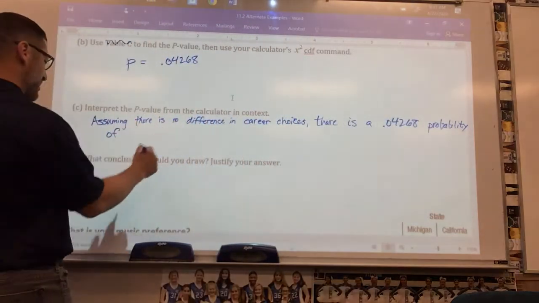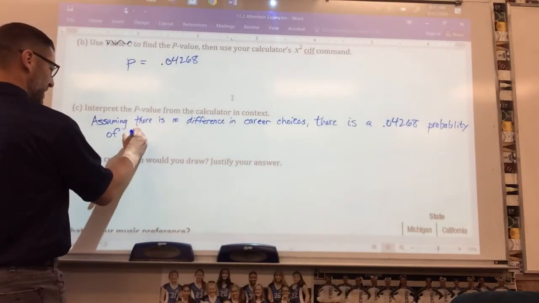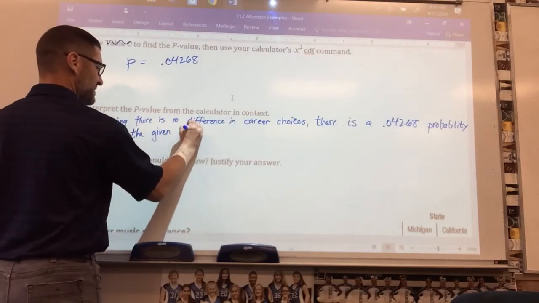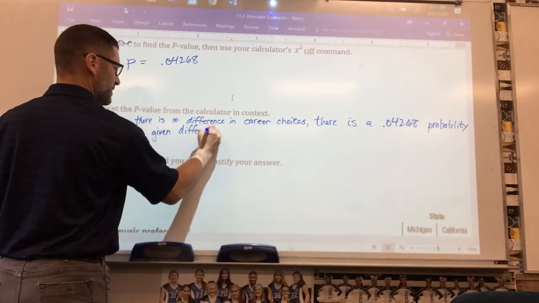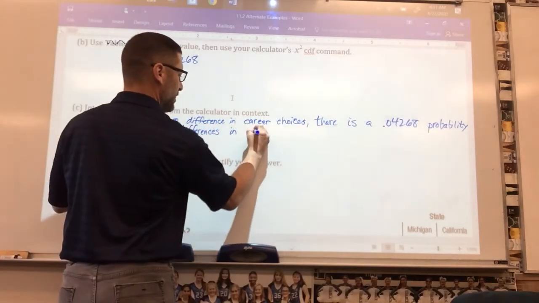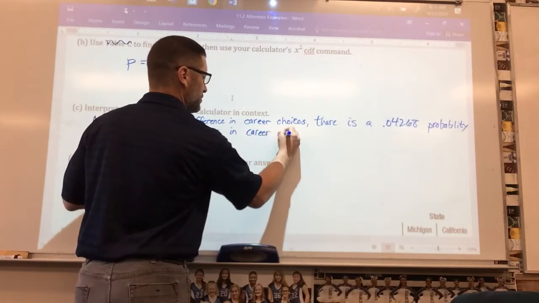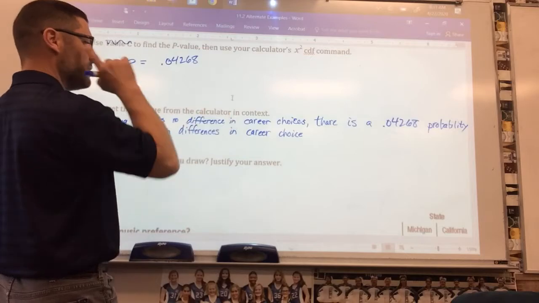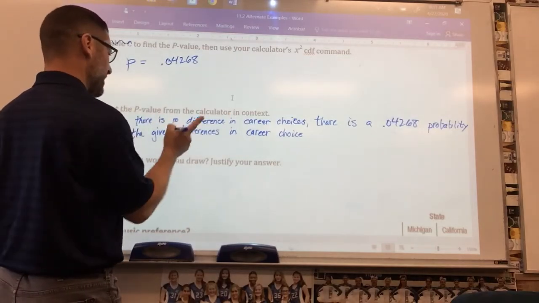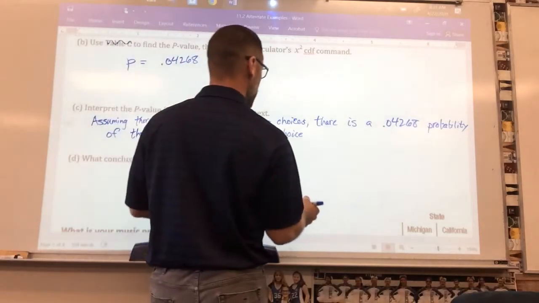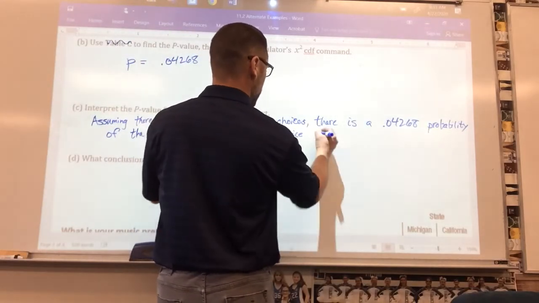There is that probability of the given differences in career choice. There is a 0.04268 probability of the given differences in career choice through sampling variability.